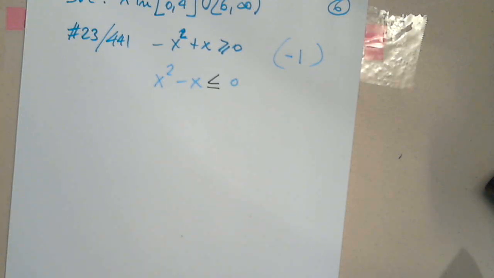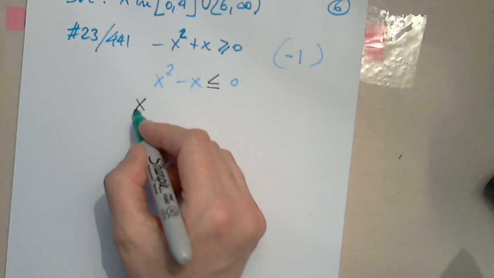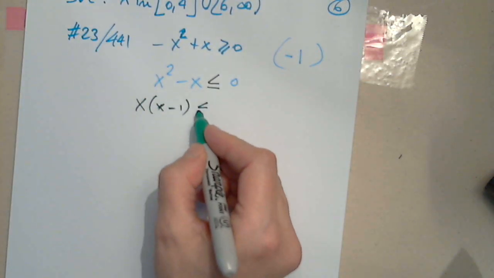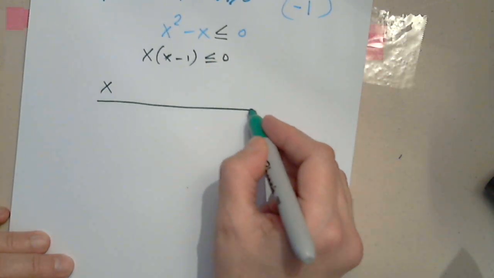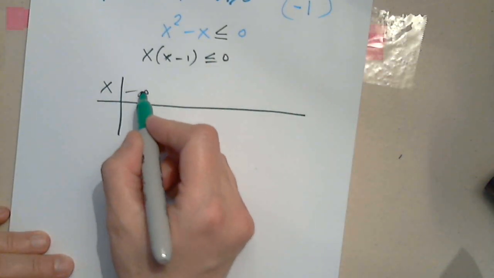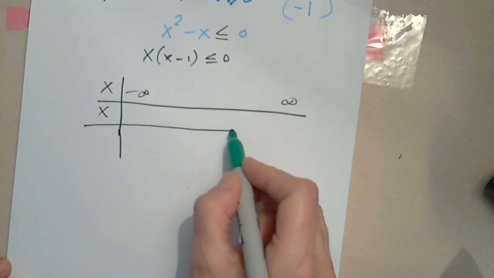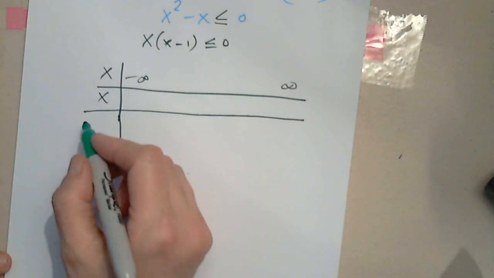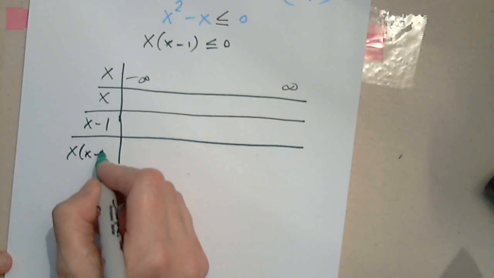Now we have to do what we took for granted here, because this was already factored. So factor: x times x minus 1 less than or equal to 0. Now this is table ready. x is the variable in the problem. It happens again that I have x as a factor, and then x minus 1, and then the product.